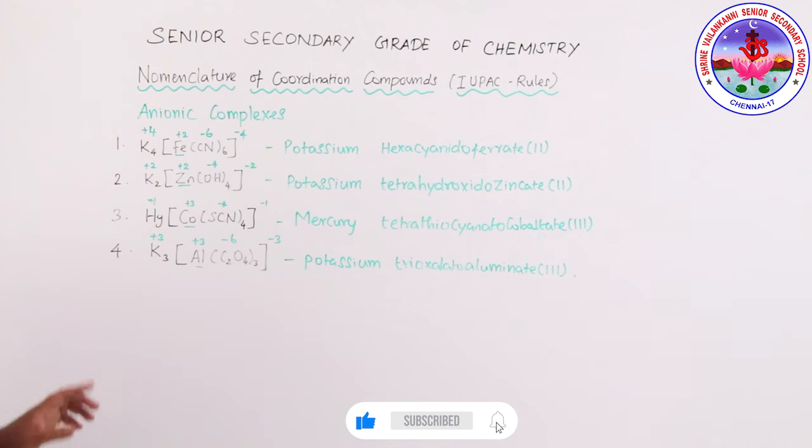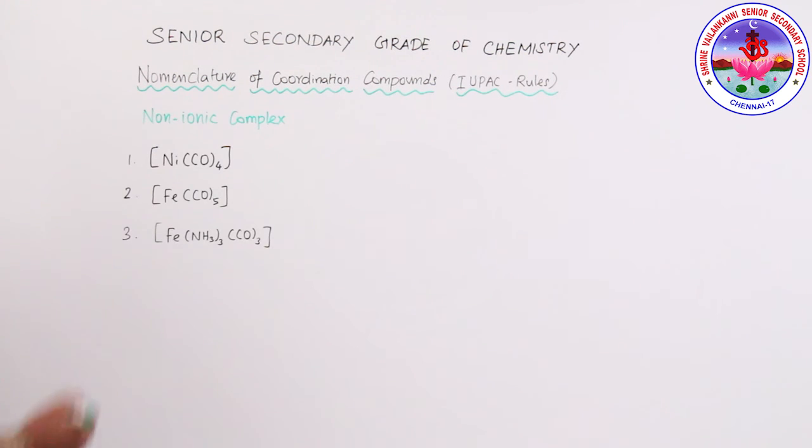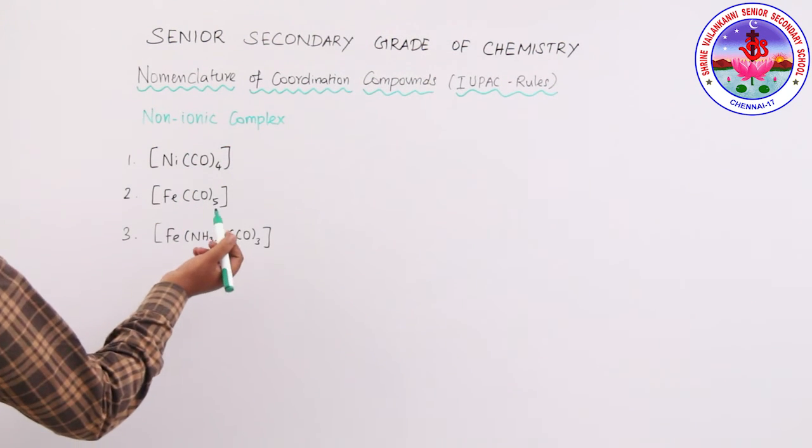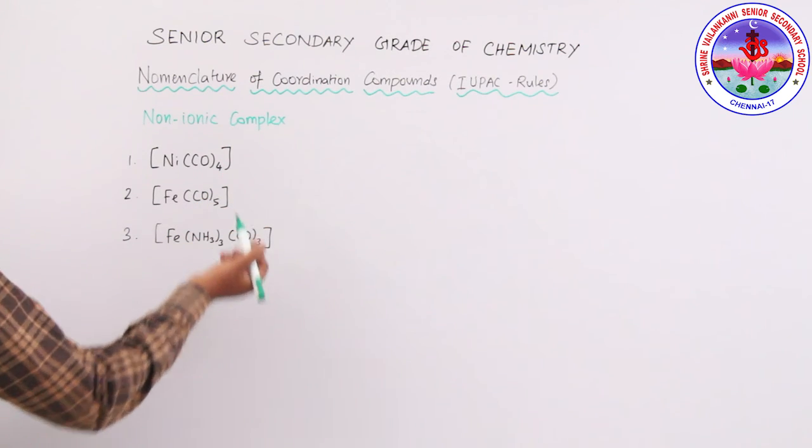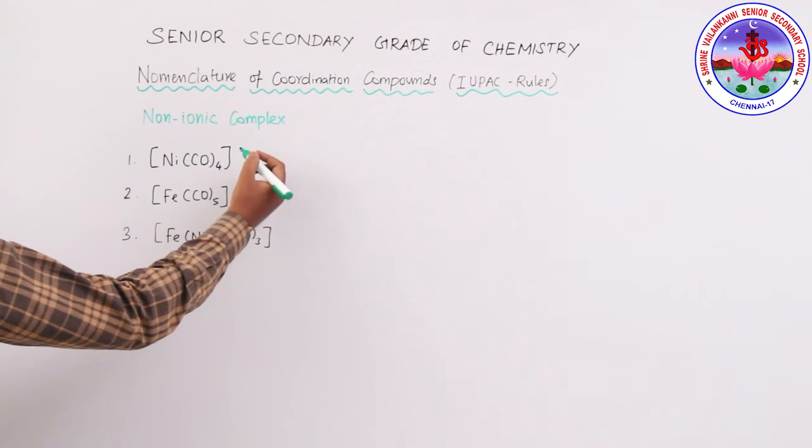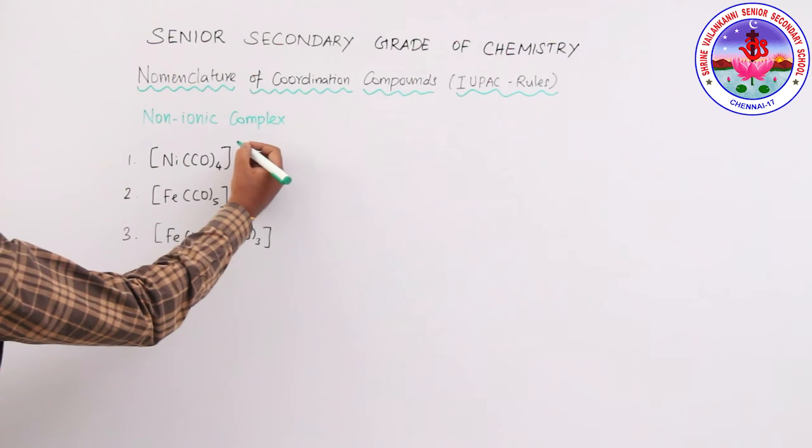Next, we will see the non-ionic or neutral complexes. See, this is a non-ionic complex. The non-ionic complexes, or molecules, are given a one-word name. Here there is no charge. In a cationic complex there are some charges, in an anionic complex there are charges, but in a non-ionic, that is, neutral complex, there is no charge.